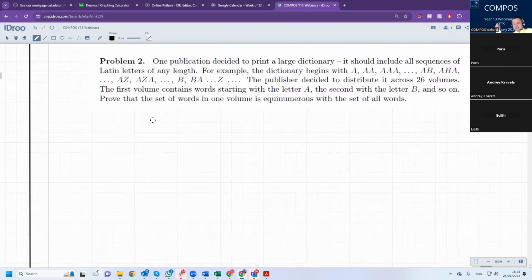Same as Latin. We use Latin letters. So the first word would be A. The second word would be AA. The next word would be AB, then AC, then AD, etc.